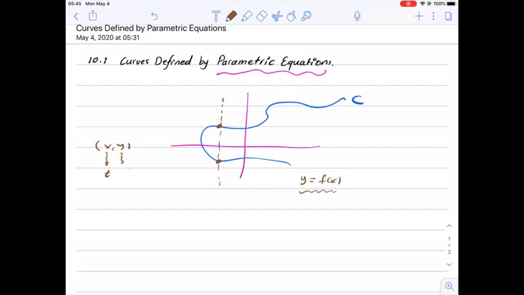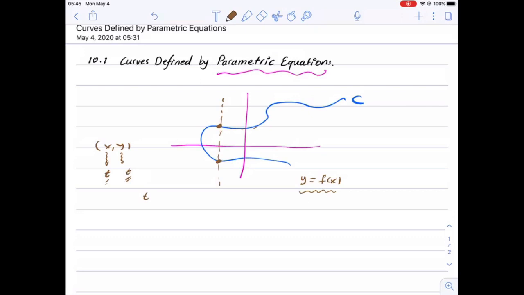So t is called the parameter, and it works as a variable that defines the function y and the function x, because if we write x as a function of t and y as a function of t, then we can determine any point on this curve C by determining some value of t.